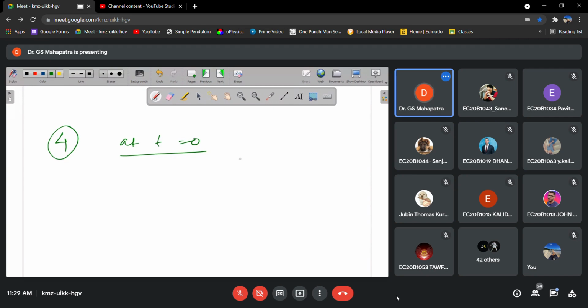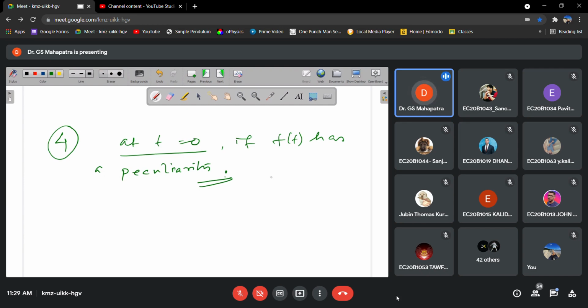Now what is that one? At t equals 0, if f of t has so many issues, what will be the scenario then? Can you guess what we have to do?